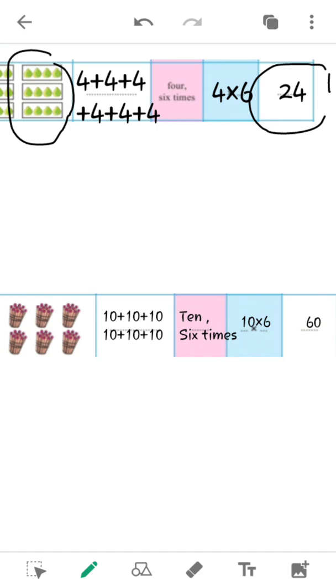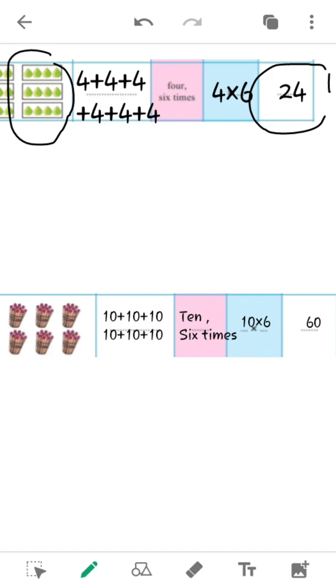Okay. The next and last example is, bundle of matchsticks. There are 6 bundles of matchsticks. How many bundles? 6. And each have total 10 matchsticks. So 10 plus 10 plus 10 plus 10 plus 10 plus 10 means 10 6 times.